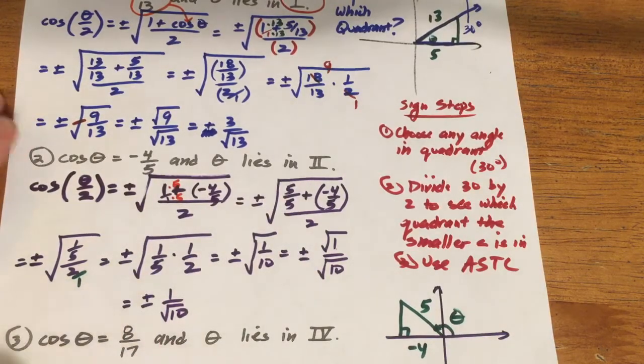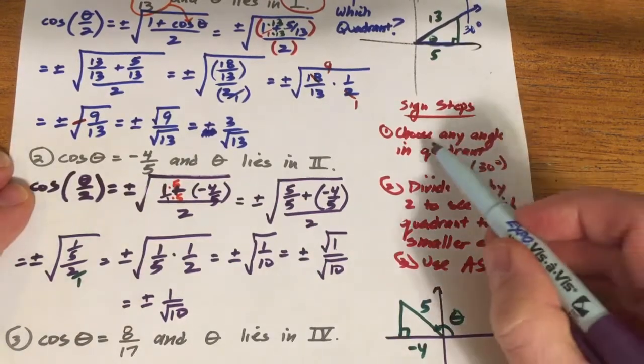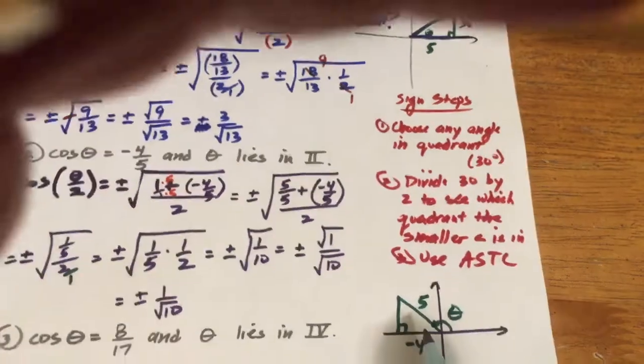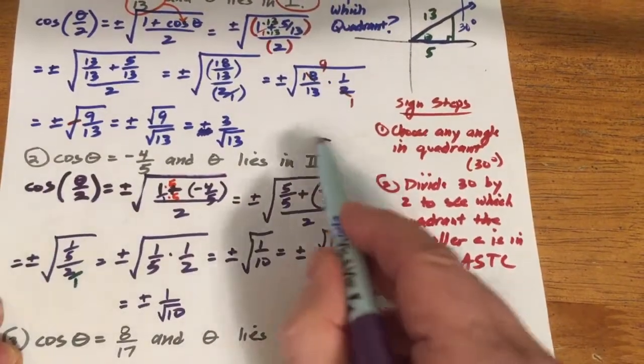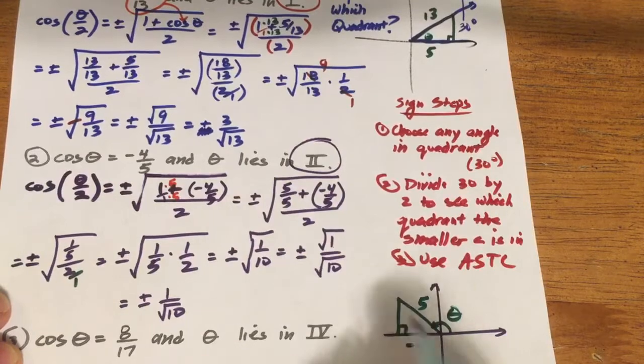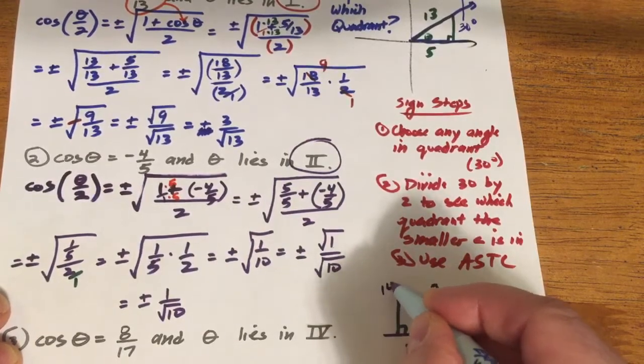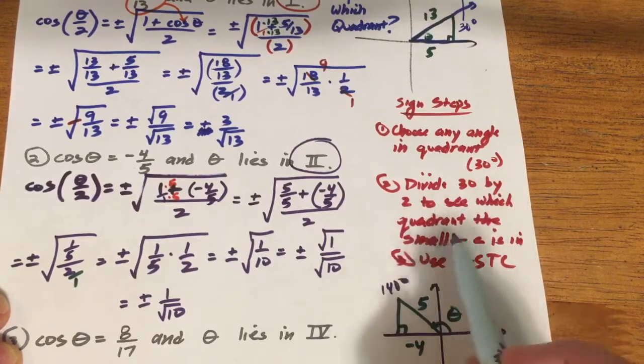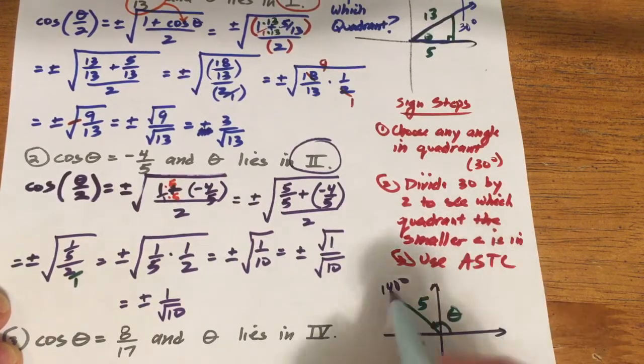Last step. It says choose any angle in the quadrant. So what would be an angle in quadrant number 2? As I look right here, I'm going to choose 140 degrees. Next, divide that number by 2 to see which quadrant the smaller angle is in. So I'm going to go ahead and divide 140 by 2.